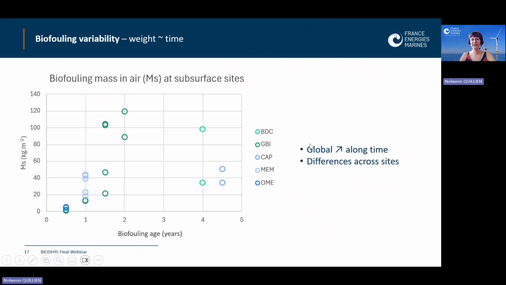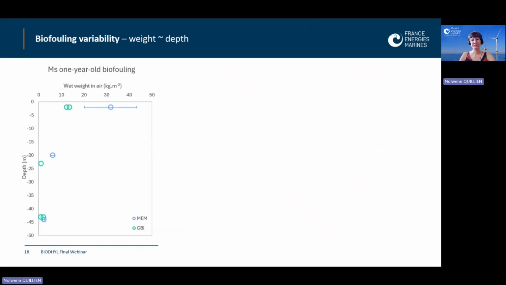So you see that there is a global increase in wet weights along time. For example, for the samples at GBI in the Atlantic, there is an increase from 6 months to 2 years old samples, and there are also some differences across sites.